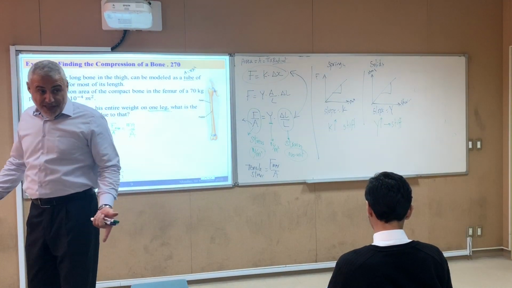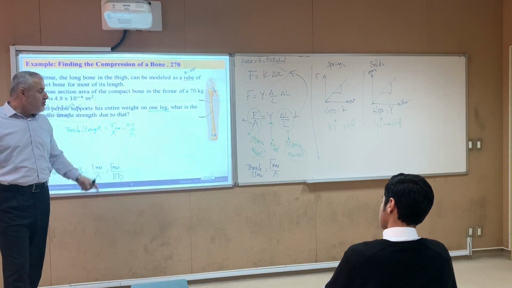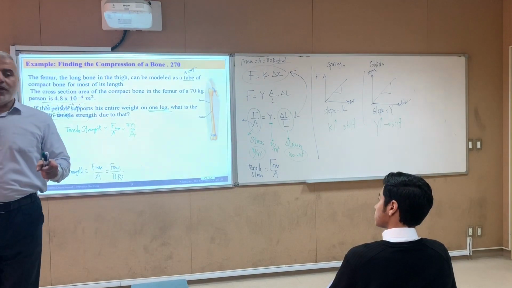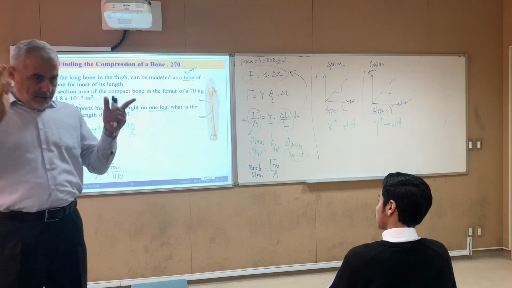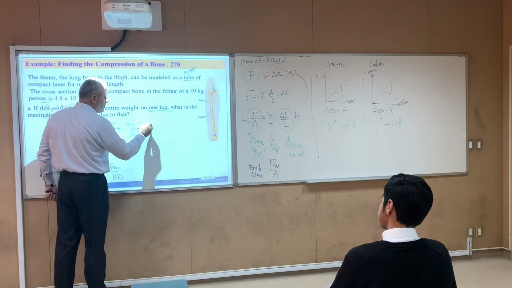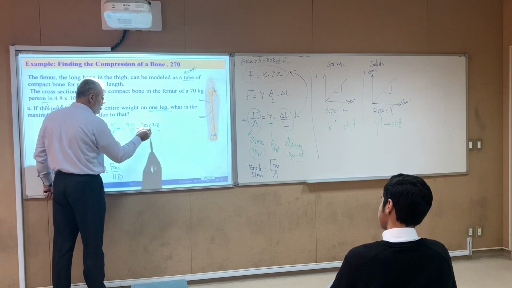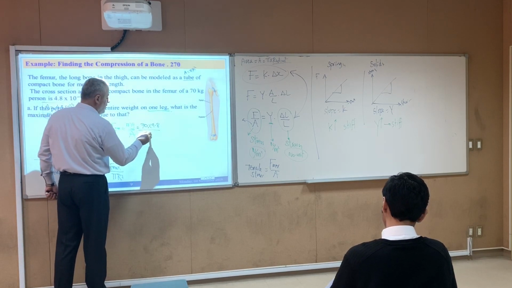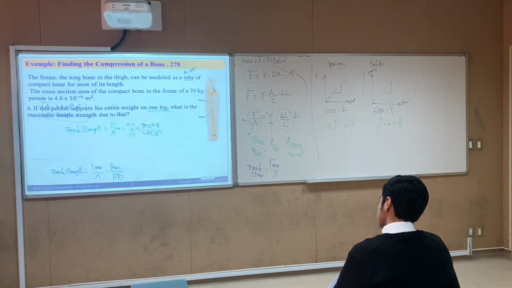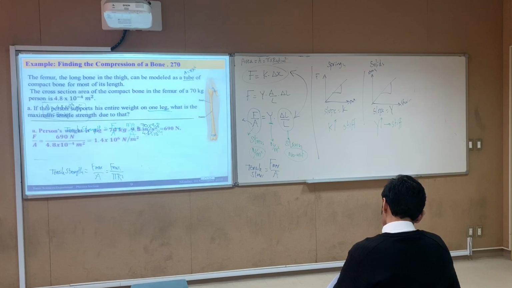You have to link this: standing still, we use the whole weight; running, we use just half of it. So this is 70 times 9.8, and the area is given, 4.8 times 10 to the power negative 4.